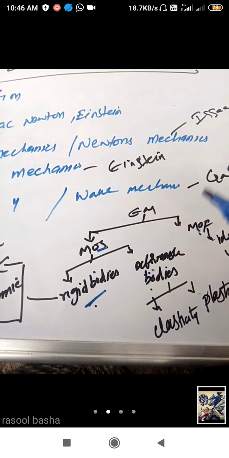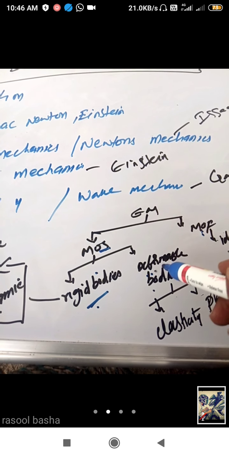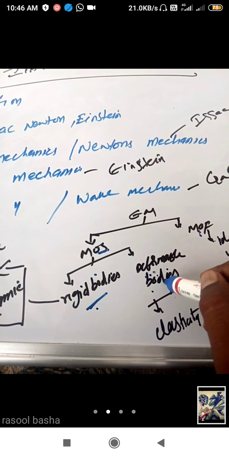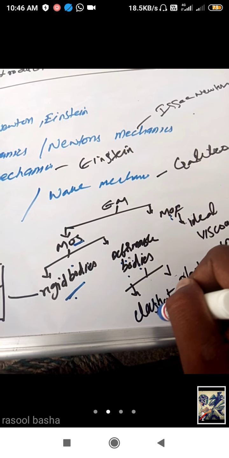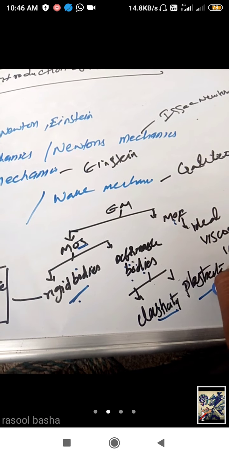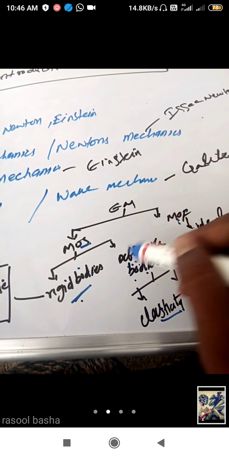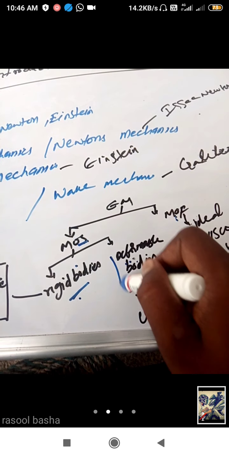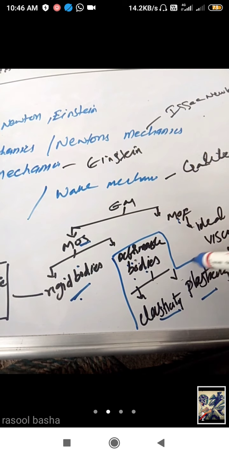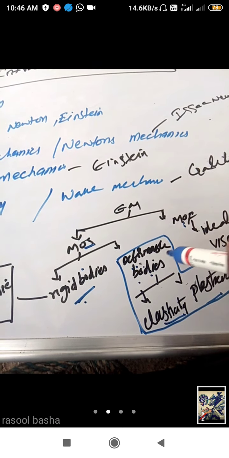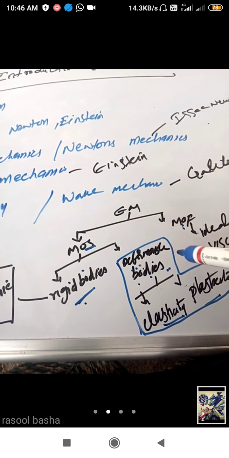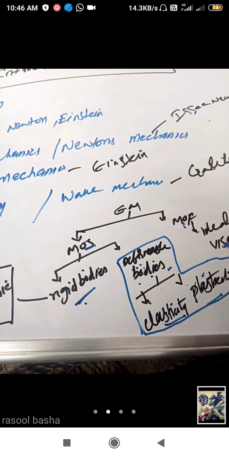The deformable bodies are again divided into two types: elastic bodies and plastic bodies. In the first unit we study elastic bodies and plastic bodies.